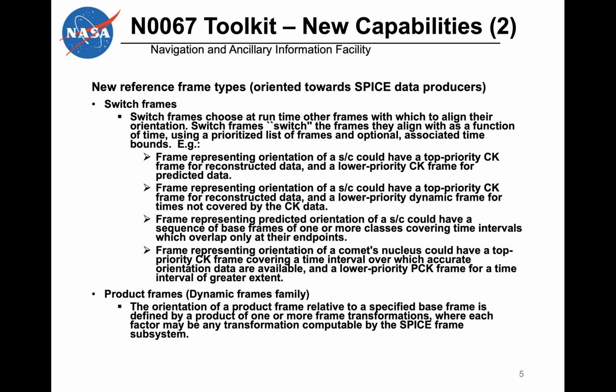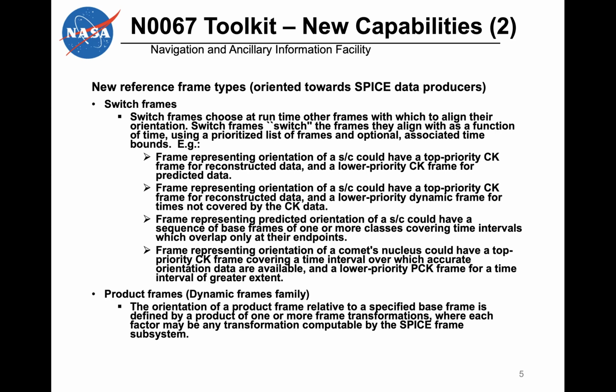This is very useful, for example, when you have a frame that represents the orientation of a spacecraft that could have a top priority CK frame for measured or reconstructed data and a lower priority CK frame for predicted data. In the past, there were workarounds to address this.